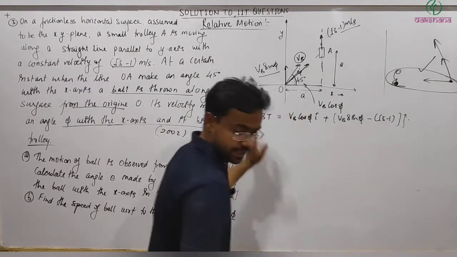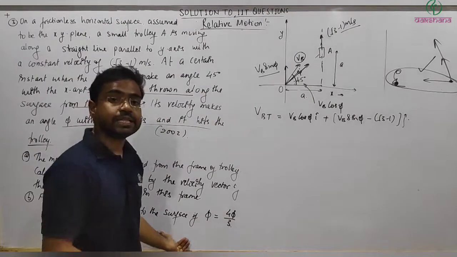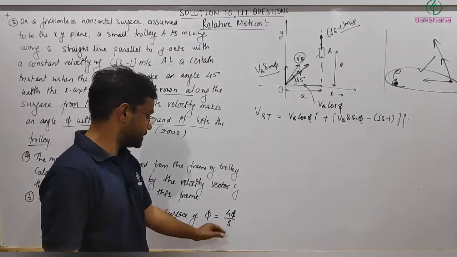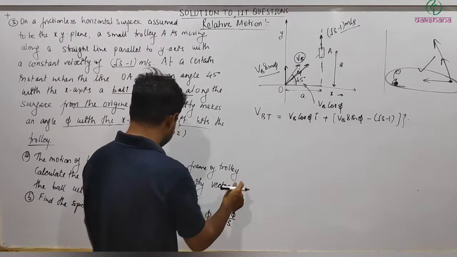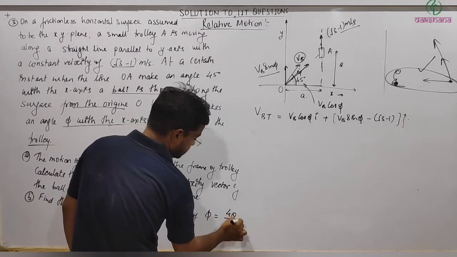Okay, the next part it's saying is to find the speed of the ball with respect to the surface, means in the ground frame, if this phi is 4 by 3 times theta.